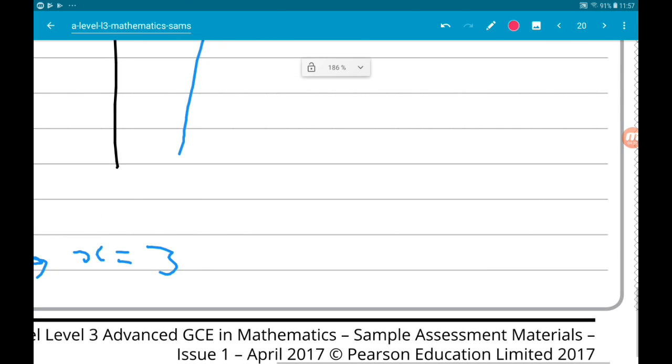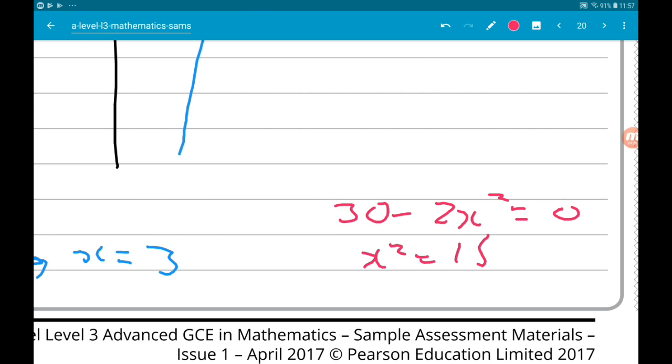So if 30 minus 2x squared is equal to 0, we can get x squared is equal to 15, and then square root, x is plus or minus root 15.